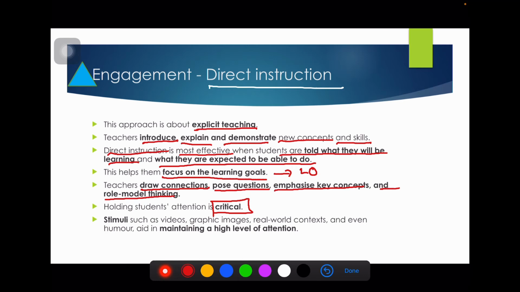This is where your students might be falling asleep. Stimuli such as videos, graphic images, real-world context, and even humor aid in maintaining a high level of attention. Aid here means help.